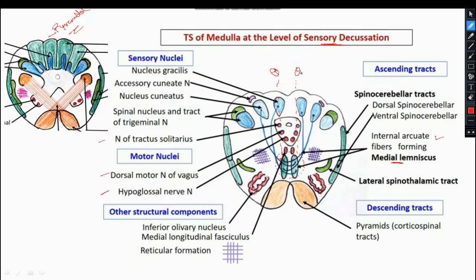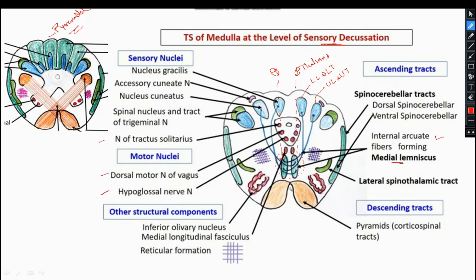The nucleus gracilis carries information from the ipsilateral lower limb and lower trunk, whereas the nucleus cuneatus carries information from the upper limb and upper trunk.